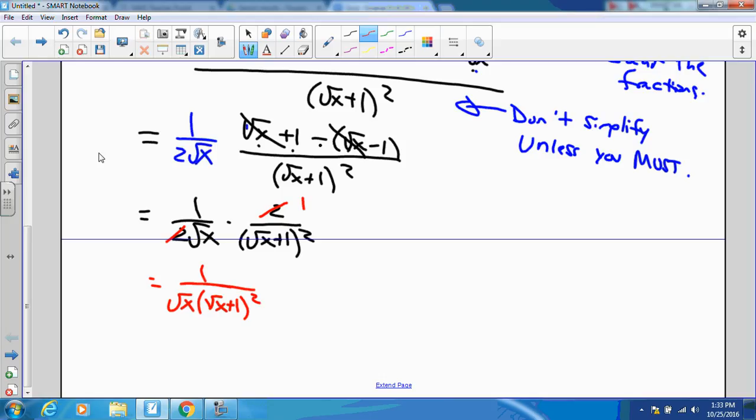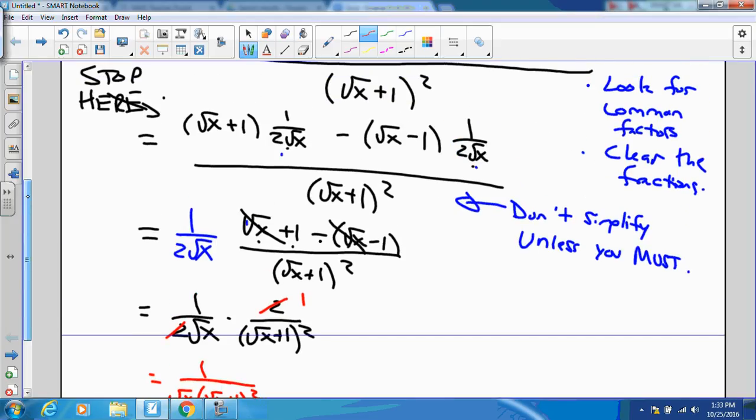That wasn't so bad. And the reason it wasn't so bad is that instead of simplifying here, and then simplifying again, I pulled out the common factors. That made my life a whole lot simpler.